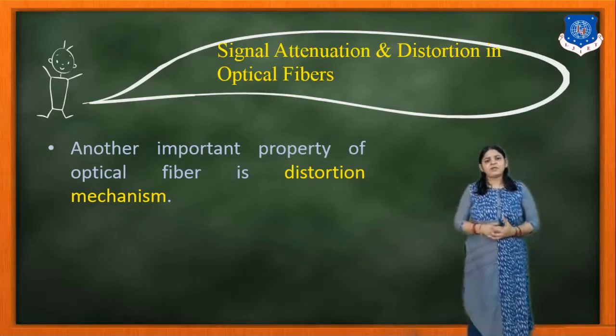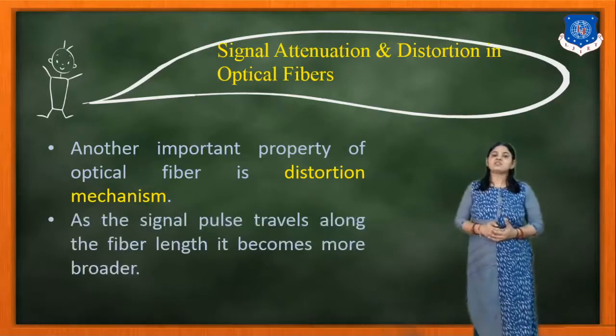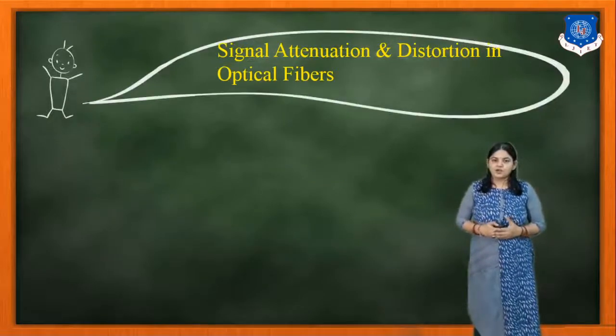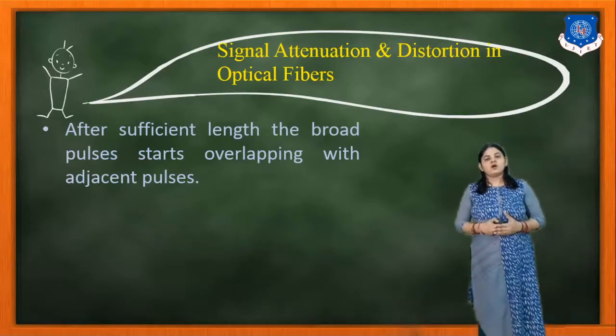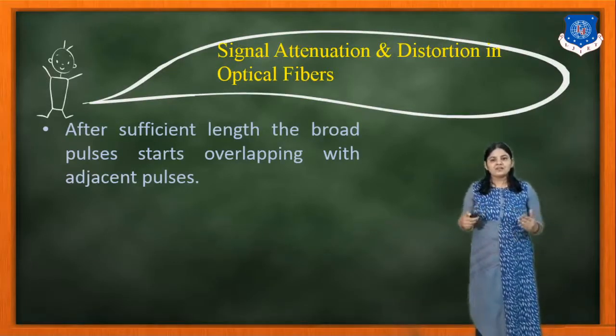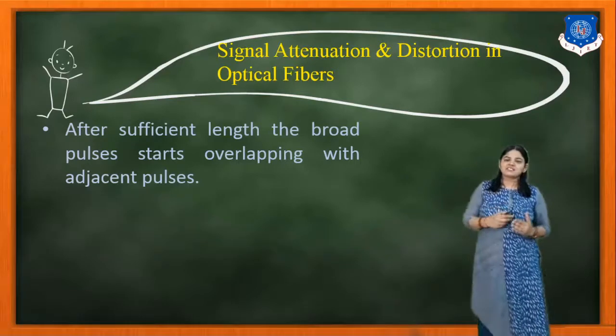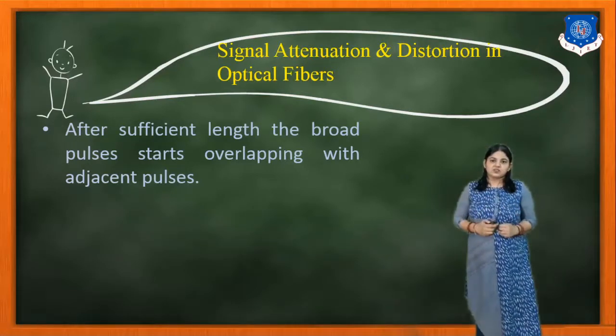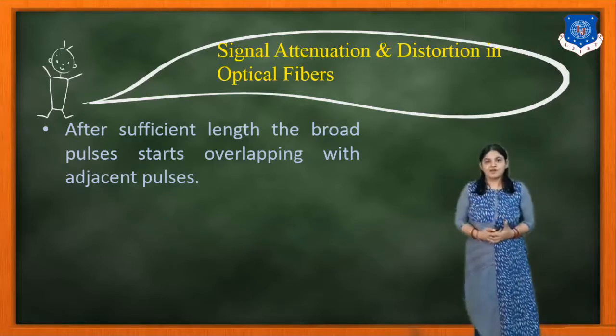Another important property of the fiber is the distortion mechanism. As the signal pulse travels along the fiber length, it becomes broader. After a sufficient length, the broad pulses start overlapping with the adjacent pulses. This is the pulse broadening of the fiber.